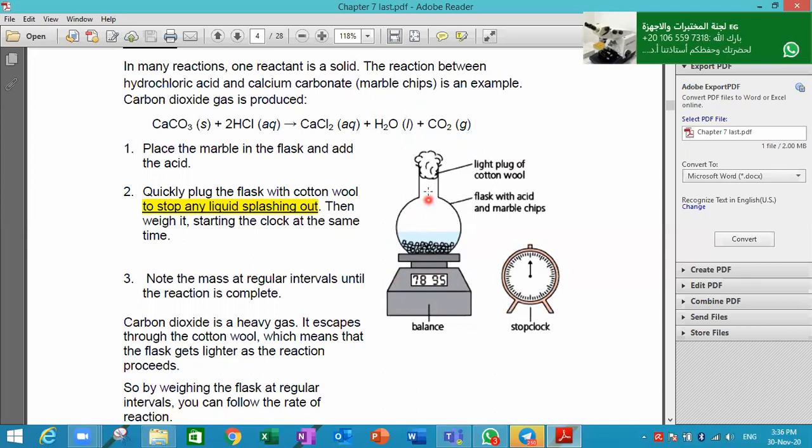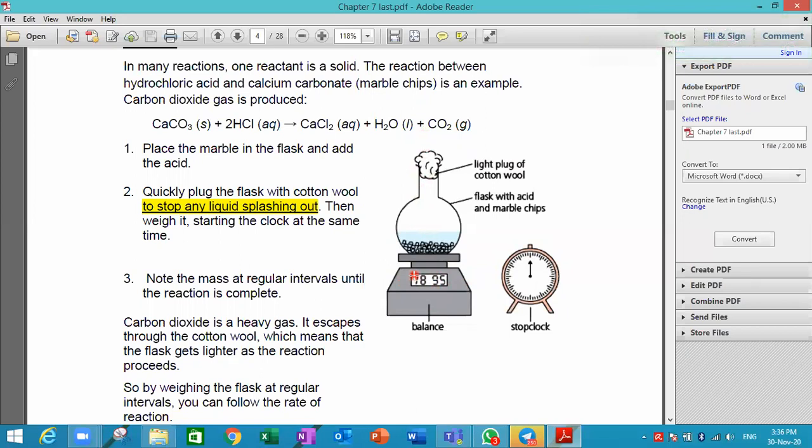If it escapes away from the container, the mass here will not be affected by an amount that we can observe. But as carbon dioxide is a heavy gas, if it escapes away from the flask, we can observe the change in the mass here.